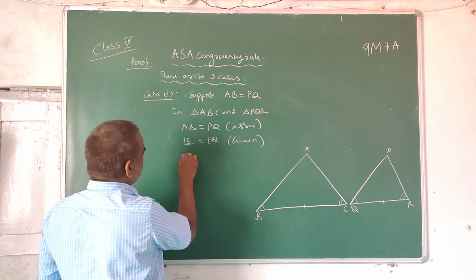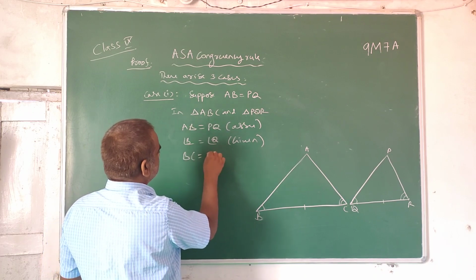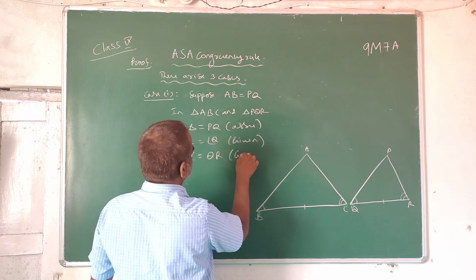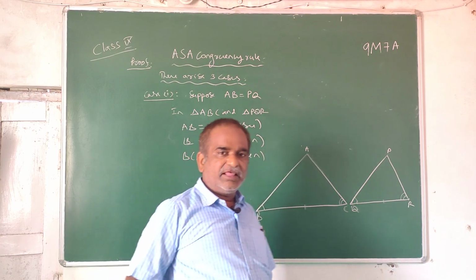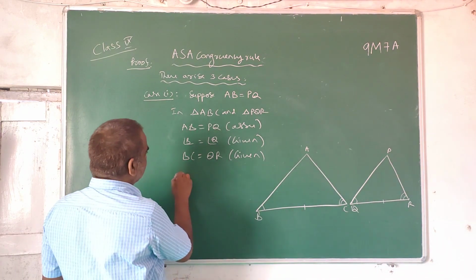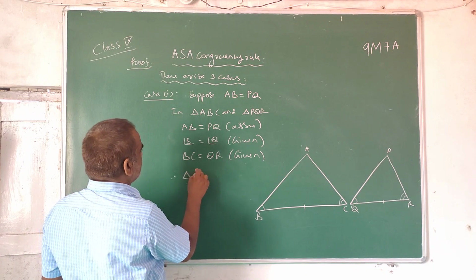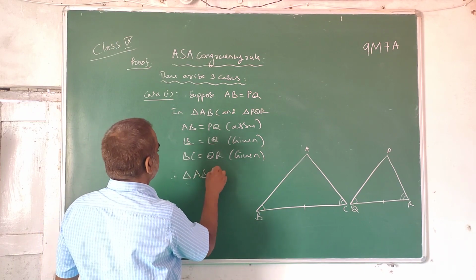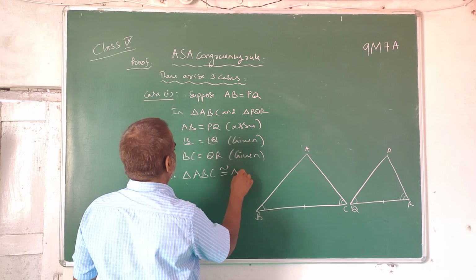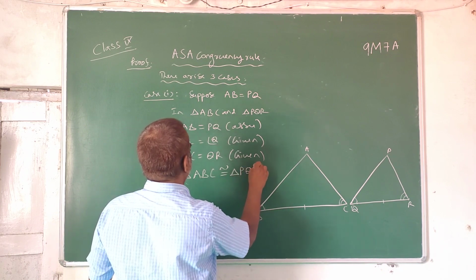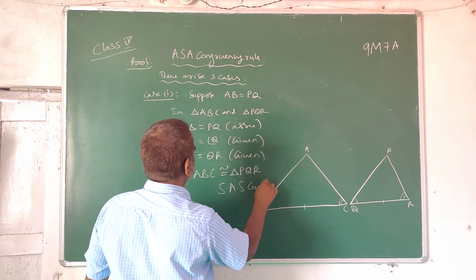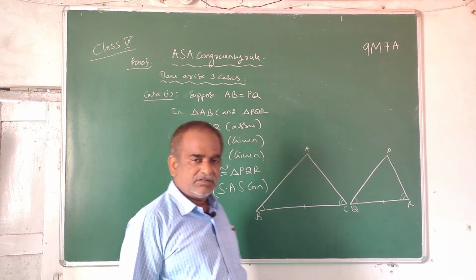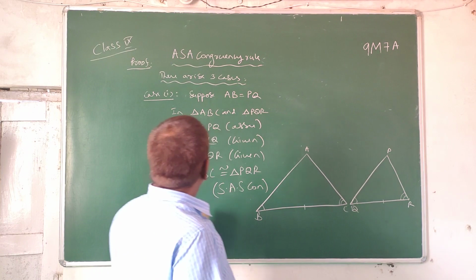And BC is equal to QR, it is also given. So here you see, side angle side is formed. Therefore, by SAS congruency axiom, you can conclude that triangle ABC is congruent to triangle PQR. Understood?